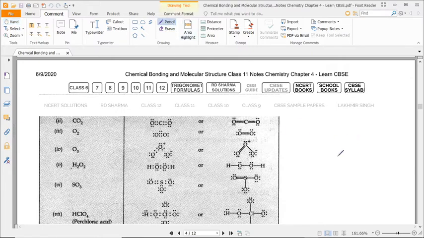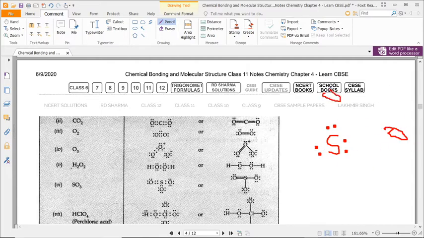So you have the sulfur: 1, 2, 3, 4. This is the sulfur's valence electrons. And now I have 3 oxygen. Now for oxygen, 1, 2, 3, 4, 5, 6.